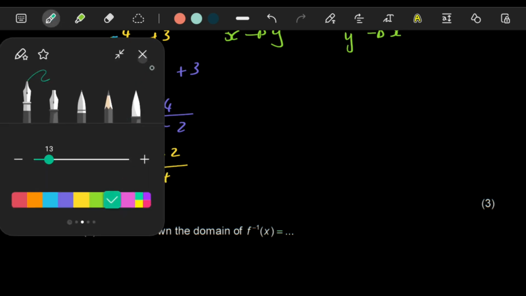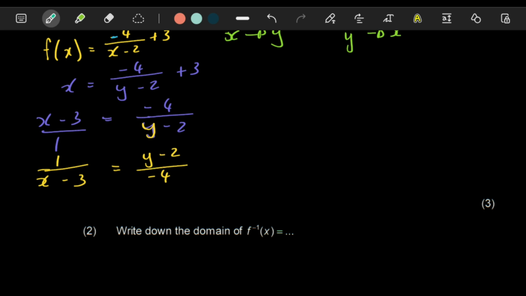And then making y the subject of the formula, here you can just multiply by -4 on both sides. So it's -4 here, -4 here. You're gonna have -4 over x minus 3. This cancels that.